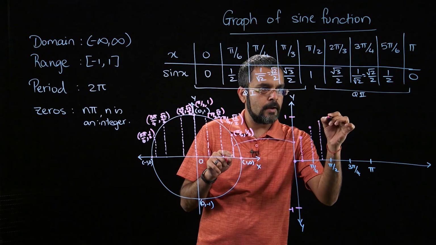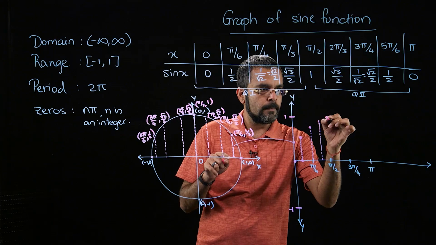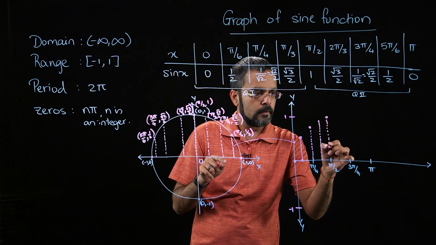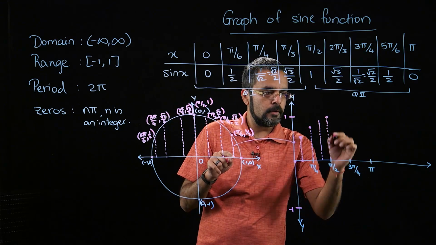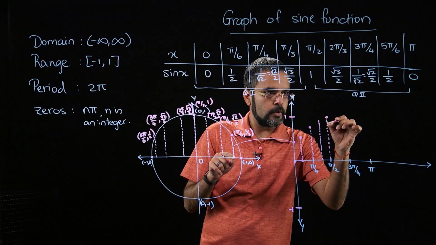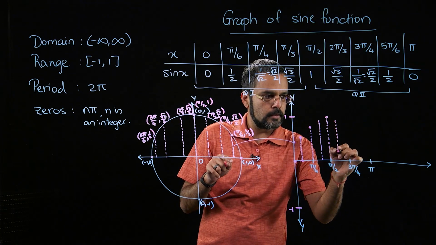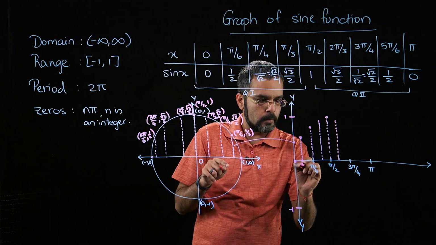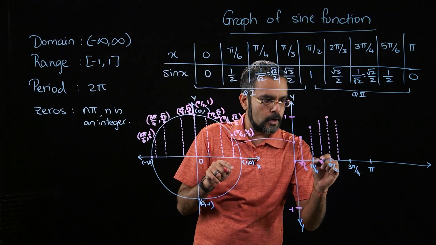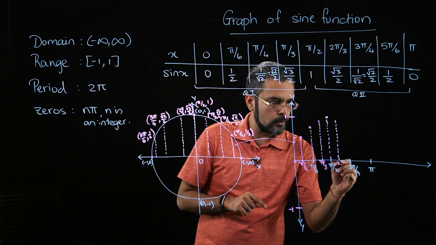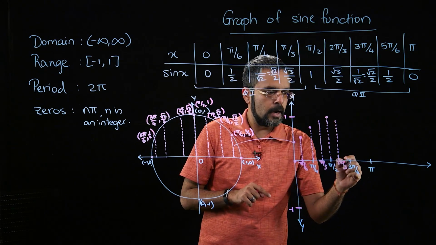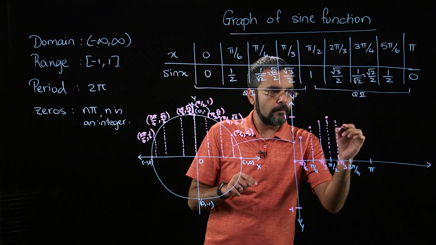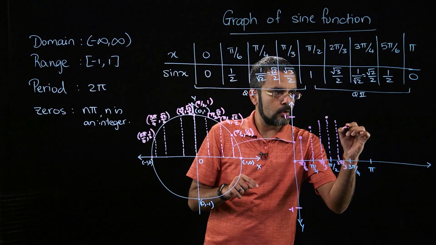And then finally, I have a value of 1 over here, and another root 3 over 2. This one is pi over 6, this is pi over 3, this is 2 pi over 3, and then at 3 pi over 4, I have another root 2 over 2, so that's going to be out here.